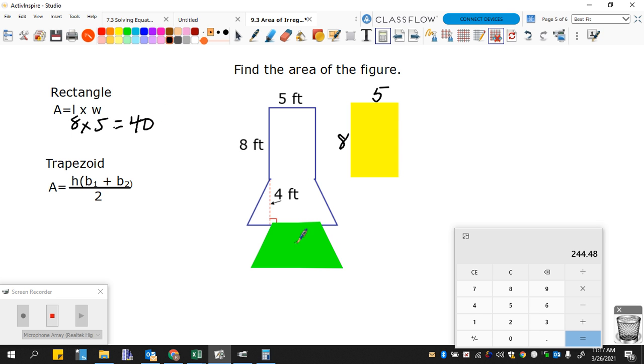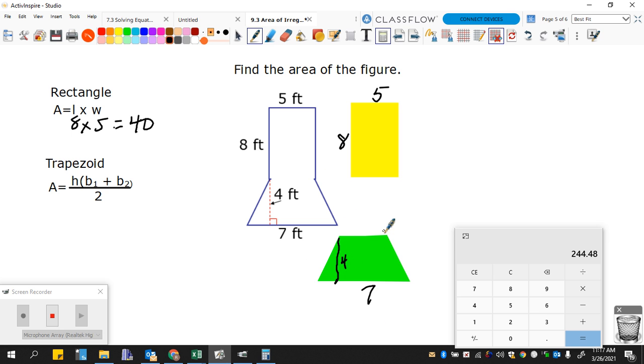Okay, a trapezoid, remember, to find the trapezoid, you take the height, which is 4 here, times the sum of the two bases. So when we look at this, the height here is 4. This bottom base is 7.